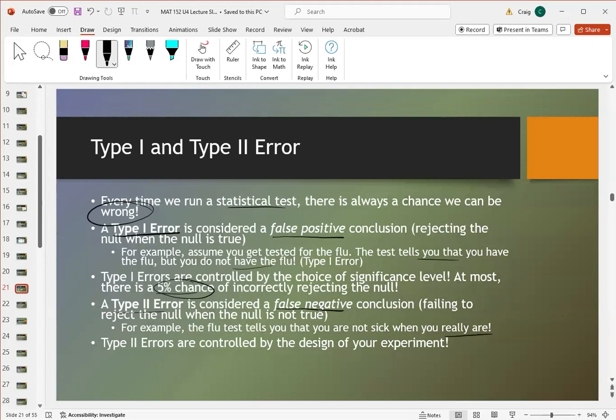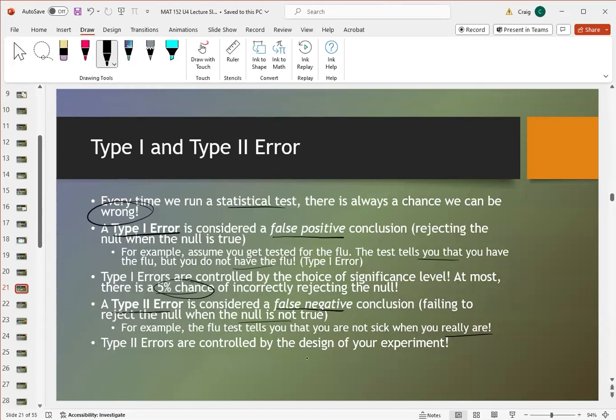Failing to reject the null when the null is not true just means that you're not able to dig deep enough to find the differences between the two values, but you wouldn't know that from the test. So maybe, if we talk about heights, you really do choose that sample of basketball players, but your test isn't specific enough to find the difference in height between the two groups. That would be a type 2 error.